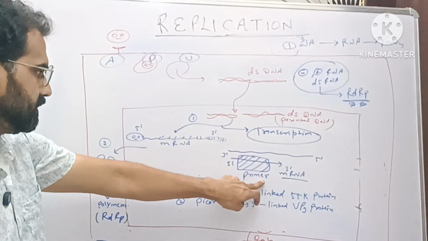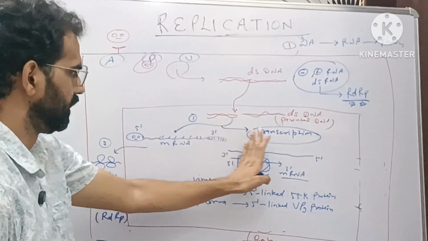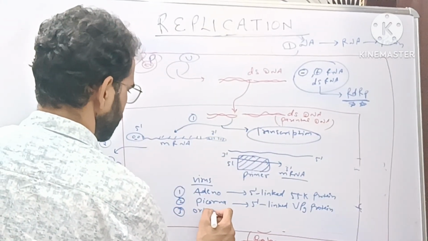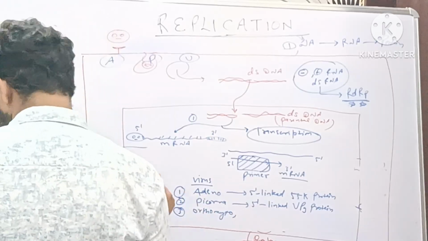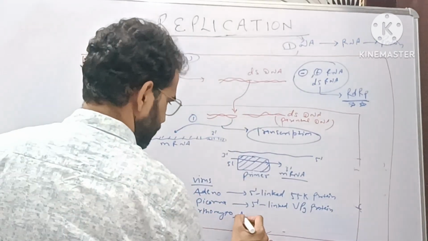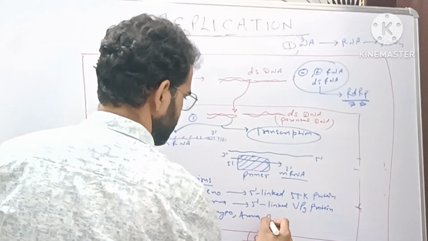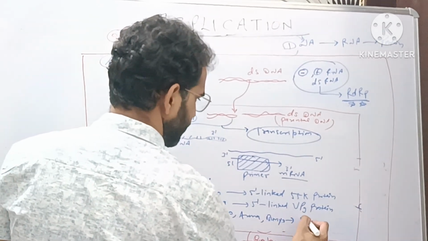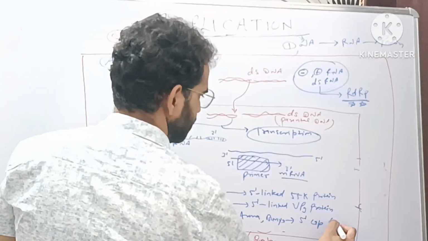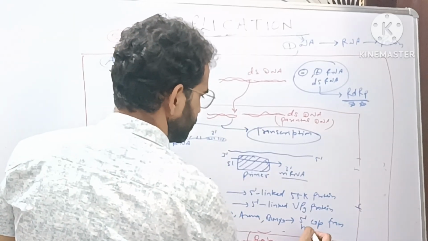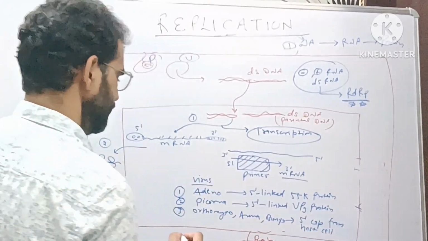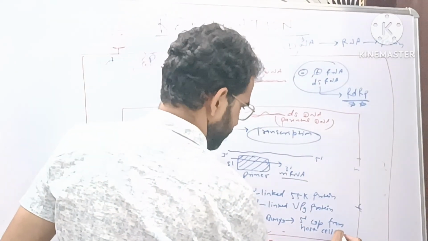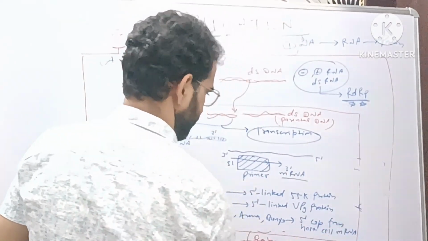They require this primer for the initiation of transcription. Number 3, orthomyxoviruses, that is influenza viruses, then arenaviruses and bunyaviruses, need a 5' cap from the host cell messenger RNA.